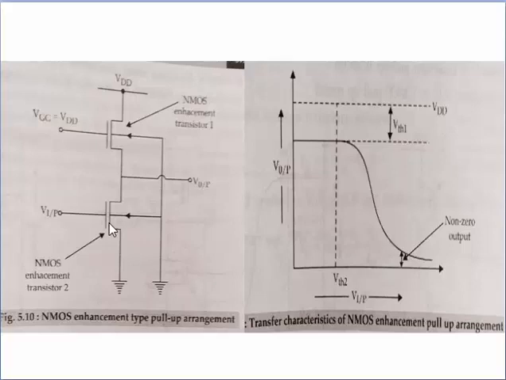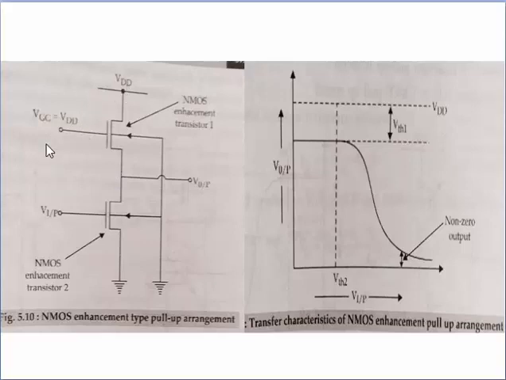The important features of this arrangement are, first, dissipation is high because current flows when V input is equal to 1. We have also seen in the previous case, when we used the depletion mode transistor, that if VGS is positive, then current flows and the gate voltage is more positive than the source, so VGG is connected to VDD.